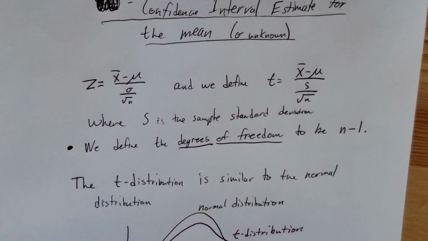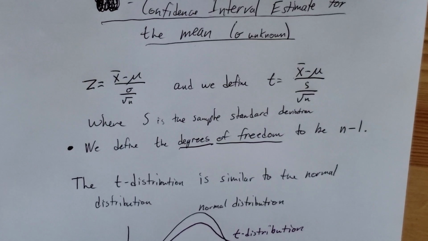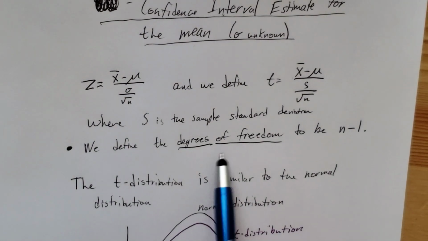If we know 9 of those values and we know the mean, which is just the sum of the 10 values divided by 10, then once we know the first 9, we know what the 10th value has to be. So that's why our degrees of freedom is n minus 1.